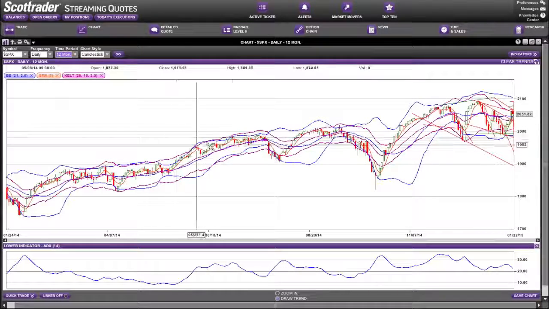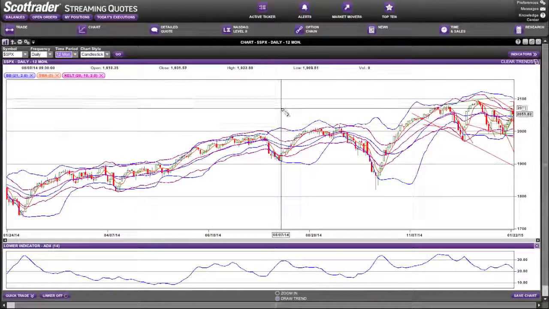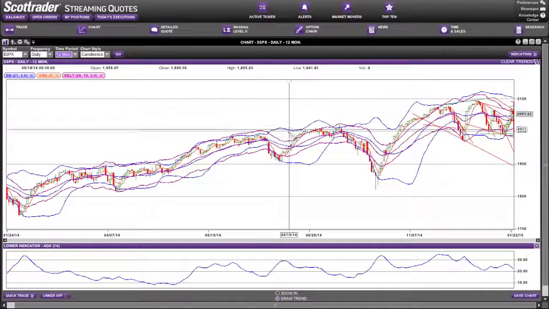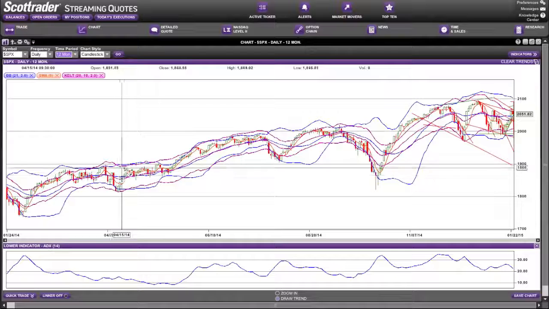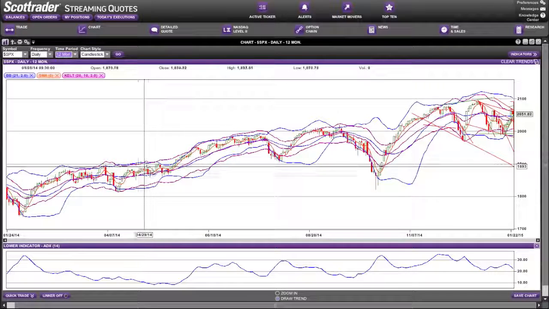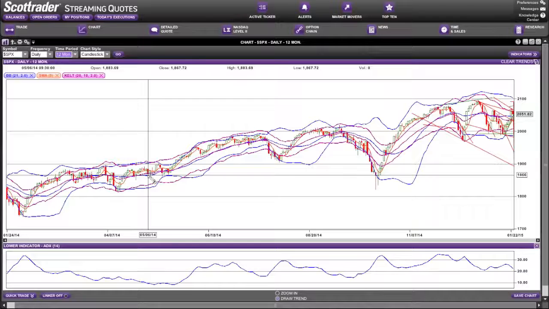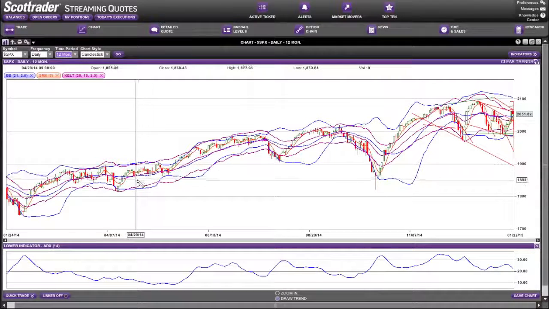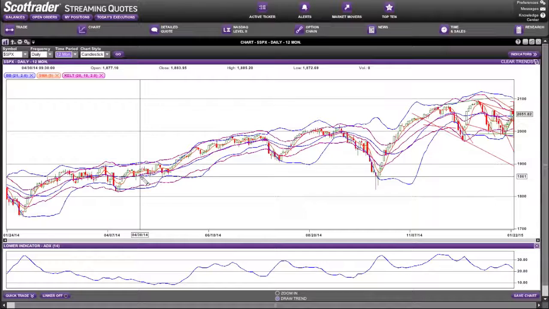Prices really haven't done anything like this for a very long time. It may be here, but no, that's still higher. Oh, this would be a reverse head and shoulders. No, it's already touched back down.